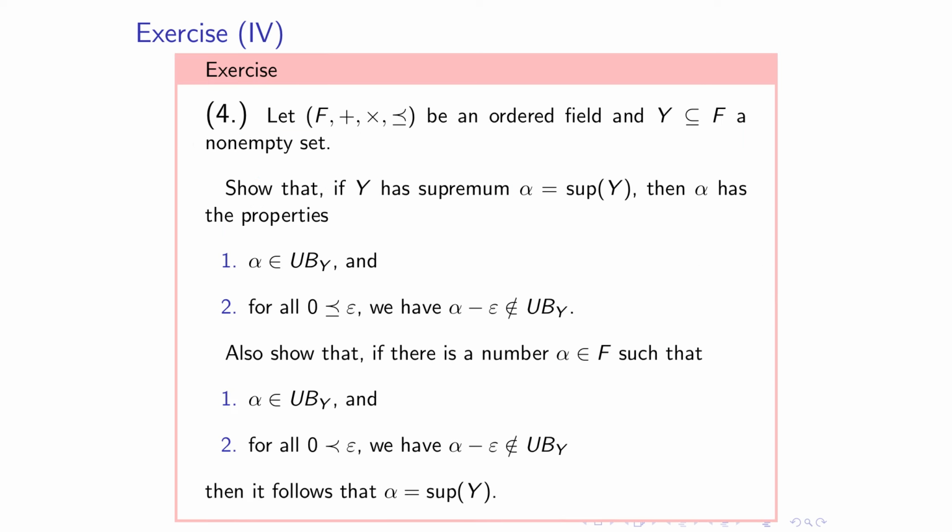Now, in this exercise, we're going to have an ordered field yet again. We're also going to have a non-empty subset. And what we're going to investigate is how the notions of ordered field now start to interact with some of the notions of bounds. We haven't really talked about bounds in this video at all, but we're going to start.